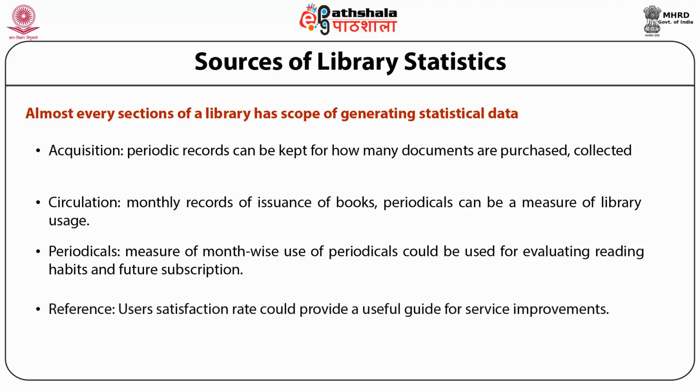In the reference section, you can measure the number of reference books and, most importantly, the user satisfaction rate. In this, you can probably take a survey of users, how satisfied they are with the library services, or circulation, or the library online services developed, and the kind of behavior your library staff are showing, whether that has improved over the past year or not.